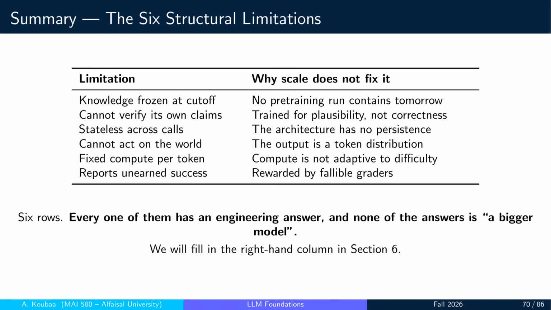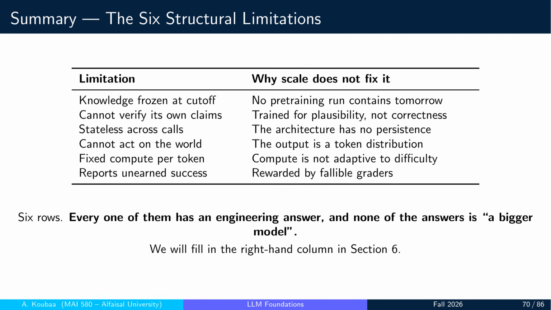Here are the 6 structural limitations in one table, with the reason scale does not fix each one. Knowledge frozen at the cutoff, because no pre-training run contains tomorrow. Cannot verify its own claims, because it's trained for plausibility, not for correctness. Stateless across calls, because the architecture has no persistence. Cannot act on the world, because the output is a token distribution.